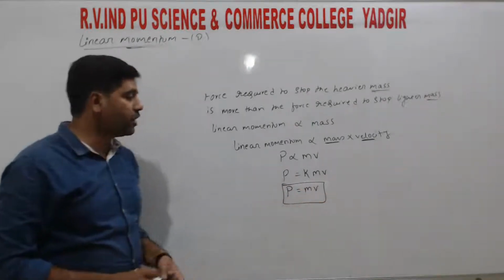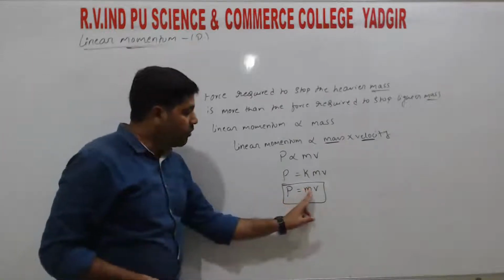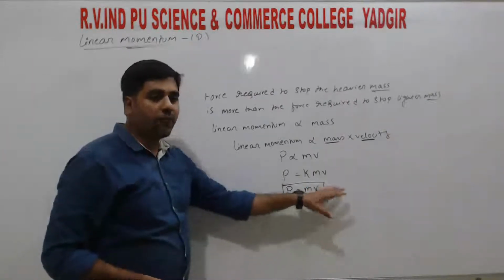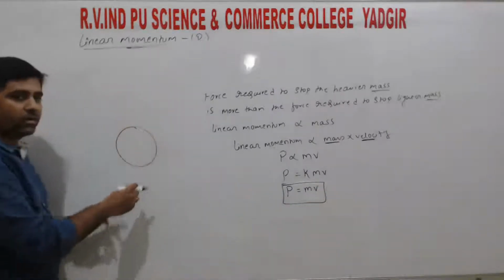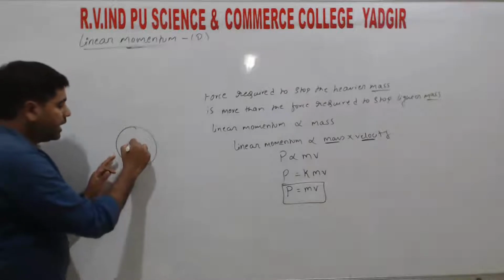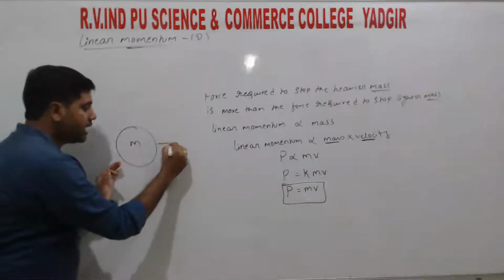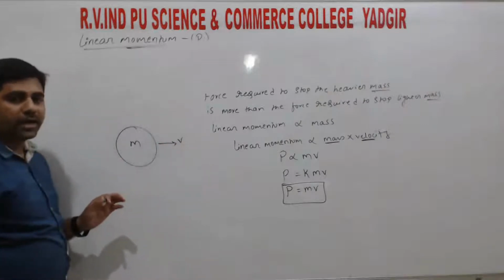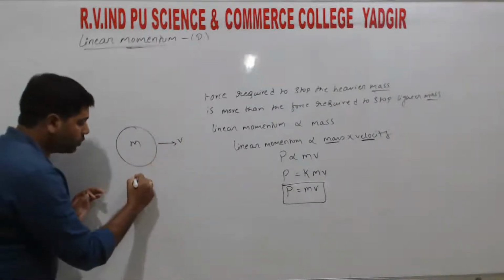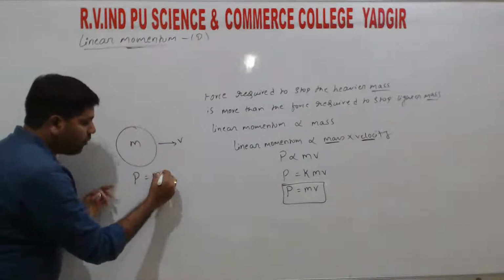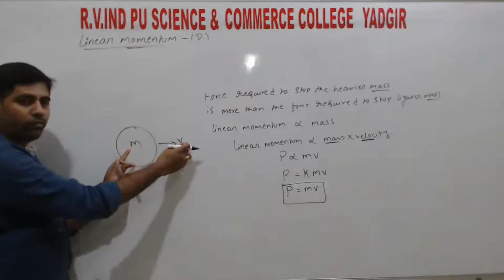If they ask to define momentum, momentum is defined as the product of mass and velocity of an object. So if we consider any particular object, for every object it has some mass. If this object is moving, it has some velocity. So every object has a momentum. That momentum we relate as the mass of the object into its velocity, m into v.